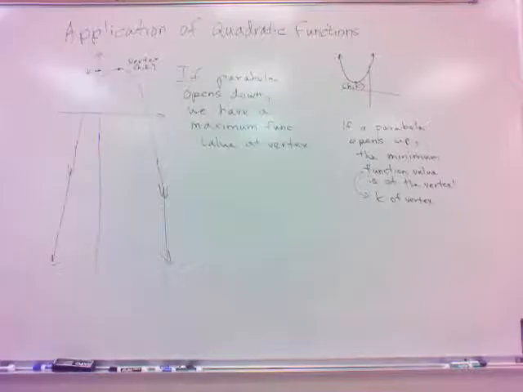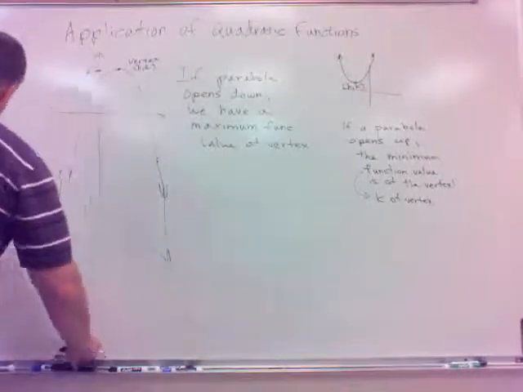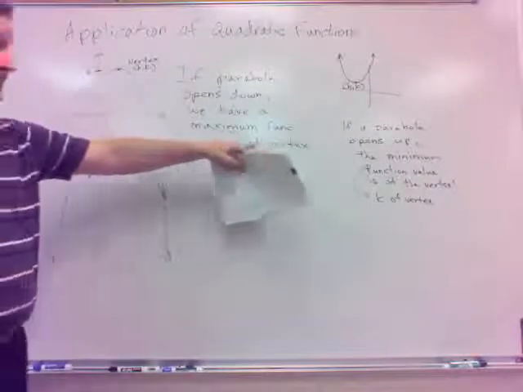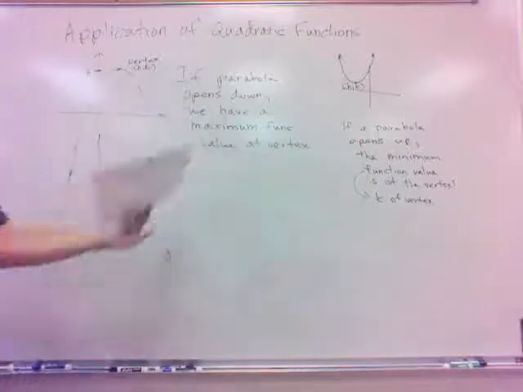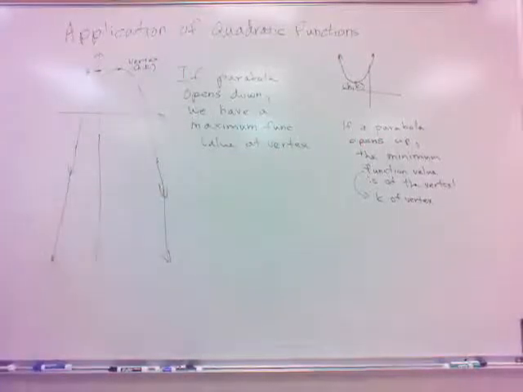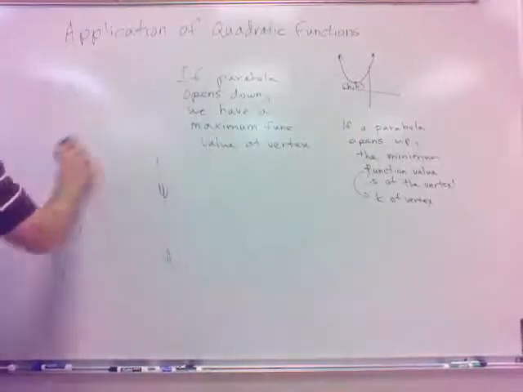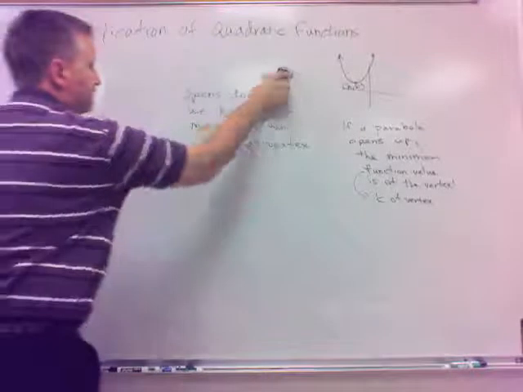Okay? With me so far? But the point is, if it asks for a maximum or minimum, guess what we're going to be trying to find? We're going to be trying to find the vertex. So this is just another vertex problem here. Find the vertex, which we had to do on those that we were graphing earlier. Okay?